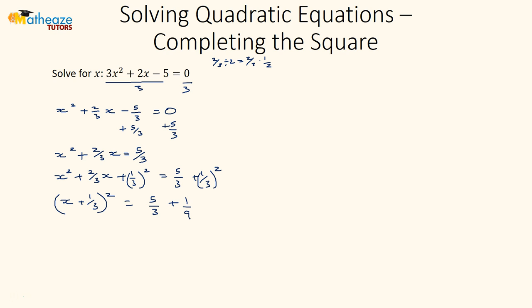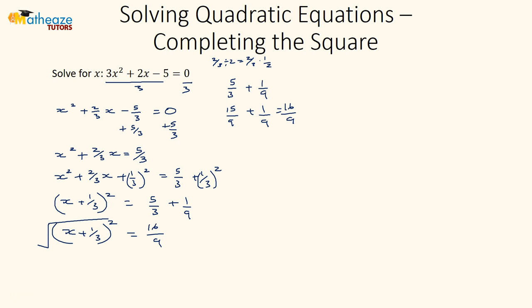So let's simplify that. 5 over 3 plus 1 over 9 is the same as, we multiply by 3, so 15 over 9 plus 1 over 9, which is 16 over 9. Okay? So now we're going to find the square root of both sides.